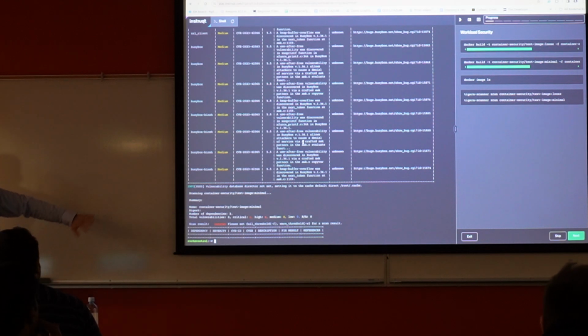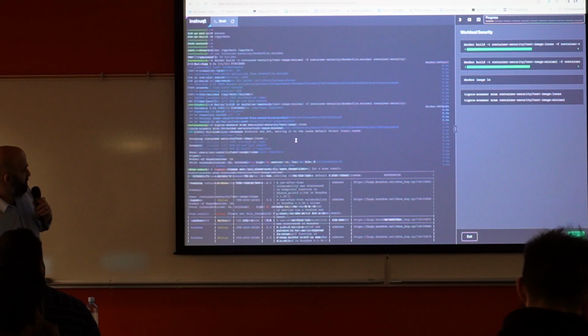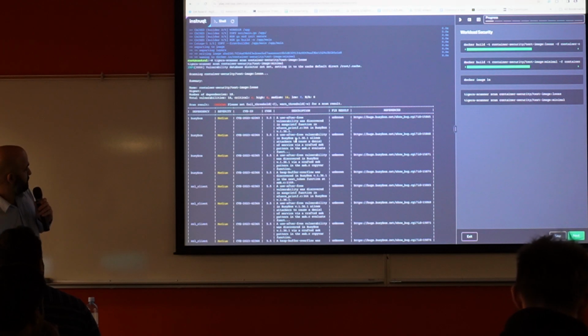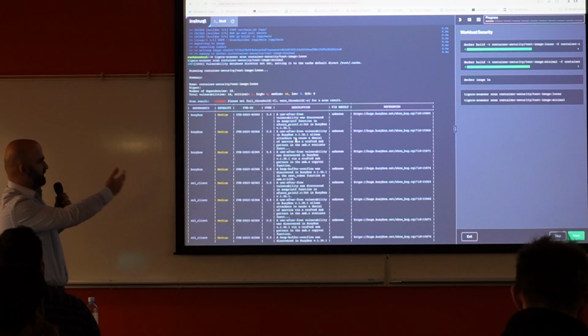The only thing I did was change the build image from Alpine to Scratch. And you can see the number of dependencies, like 18, and 16 of them are vulnerable, and these are medium.